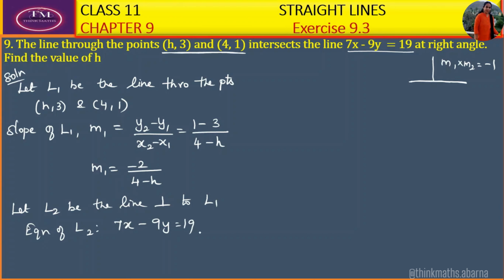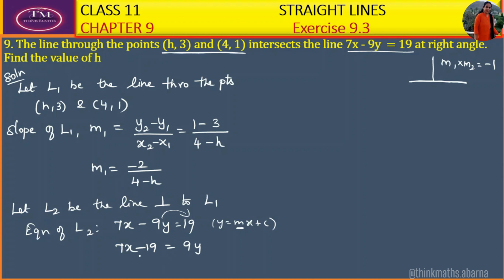Let us change this to y is equal to mx plus c format. From this format we can find out the slope m. Now to change this we need y is equal to. So here y is negative, so change this to the right hand side.